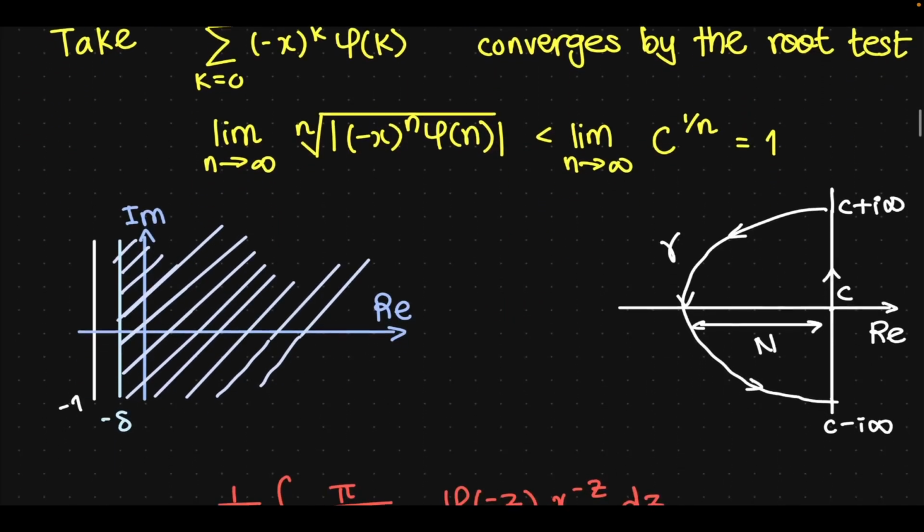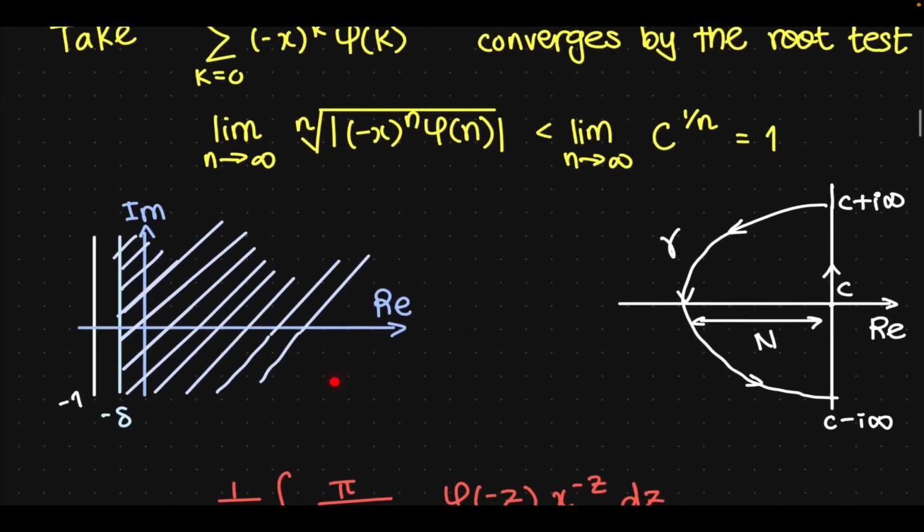Let me just illustrate quickly what the region of analyticity is for the phi of z function. As I said, it's the half plane defined such that the real part of z is greater than minus delta. Since delta is between 0 and 1, minus delta is between minus 1 and 0.